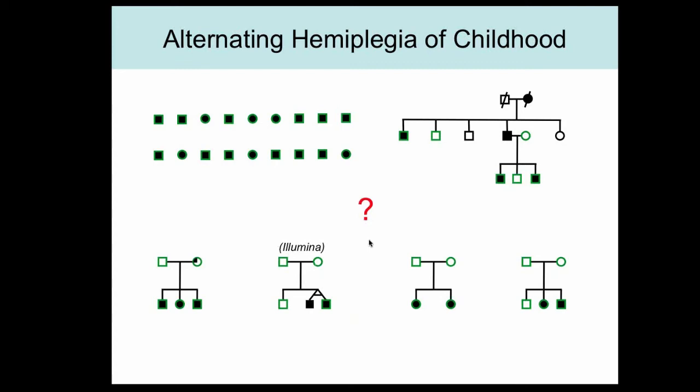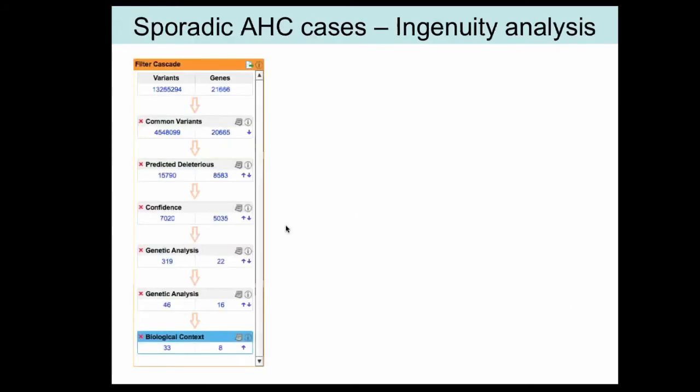There was only one gene that was clearly implicated in AHC, which is ATP1A2. But none of these people appear to have mutations in ATP1A2. So the first thing we did here is we took these 18 sporadic cases and we uploaded them to Ingenuity. And here's the filter cascade that we used in Ingenuity.